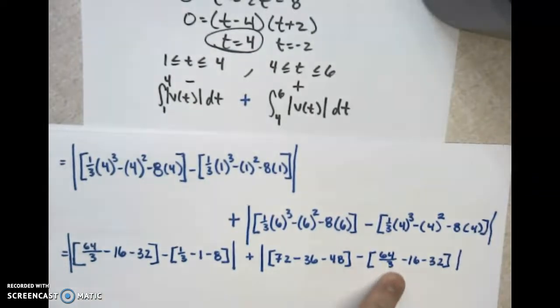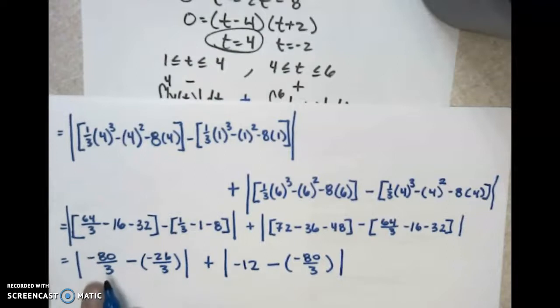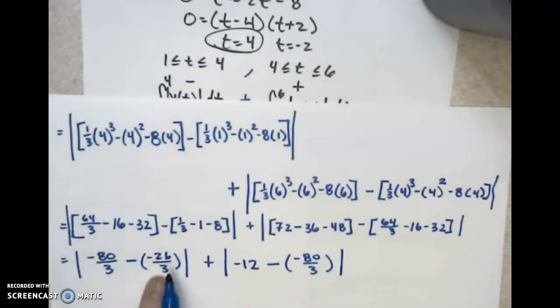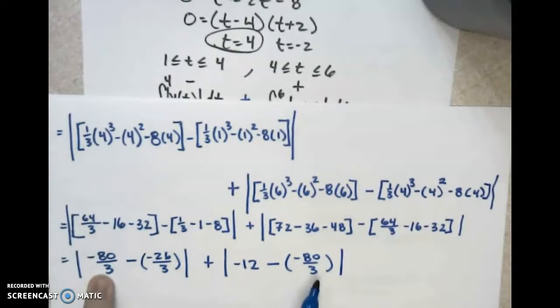Now let's put all those together. For your first value, I'm getting negative 80/3. For the 1, which we did earlier, negative 26/3. For the 6, which we did earlier, negative 12. And then same thing as first part, for the 4, you're getting negative 80/3.